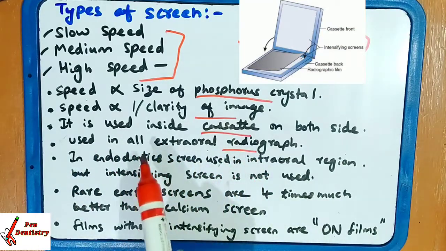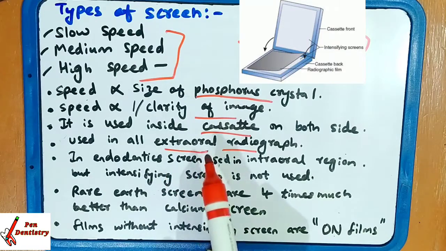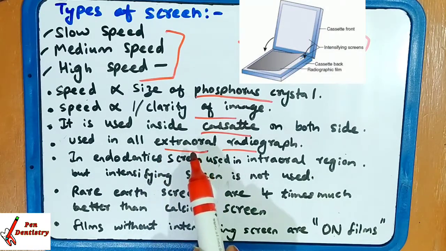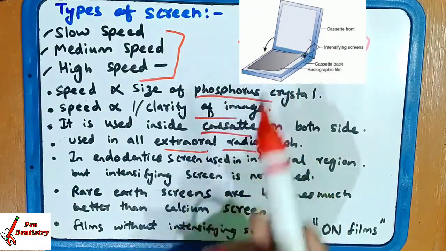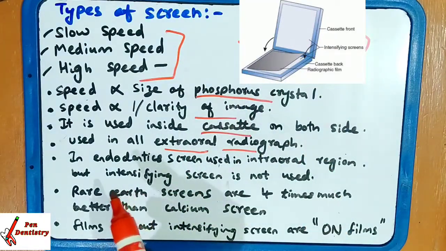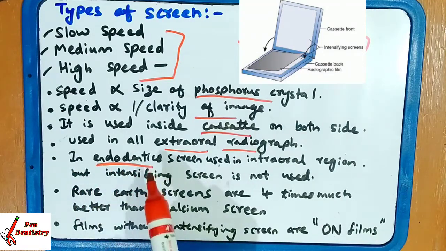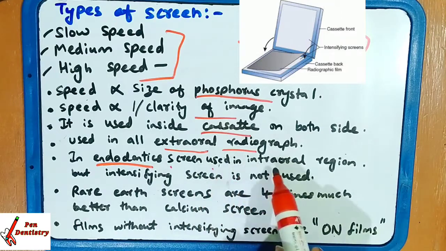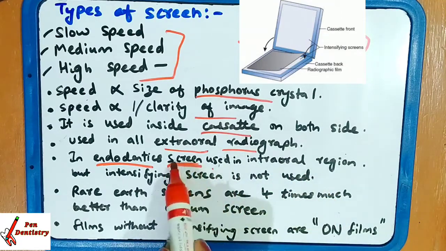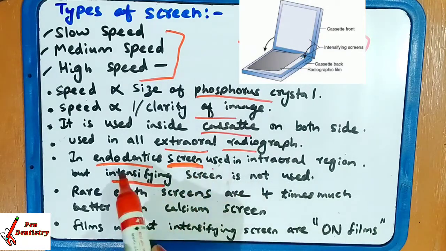You have seen many times the radiographs which are taken outside the body, extraoral. In that place the intensifying screen or cassette is used. In endodontics, for screens used in the intraoral region, we don't use an intensifying screen in the intraoral region.